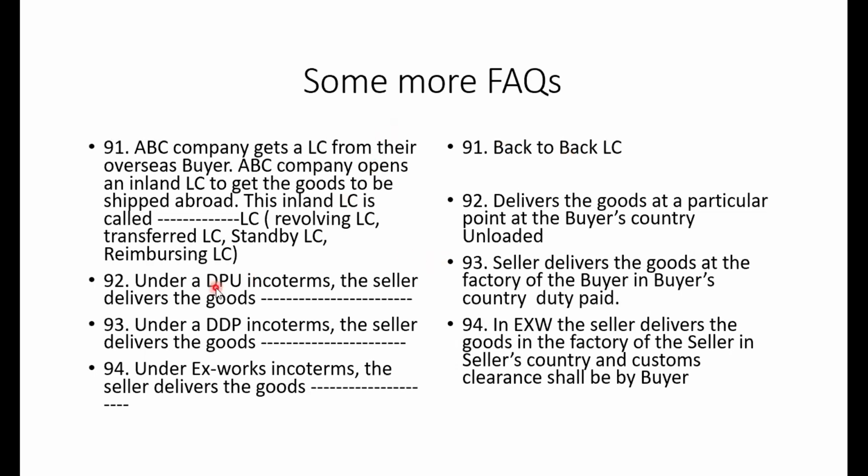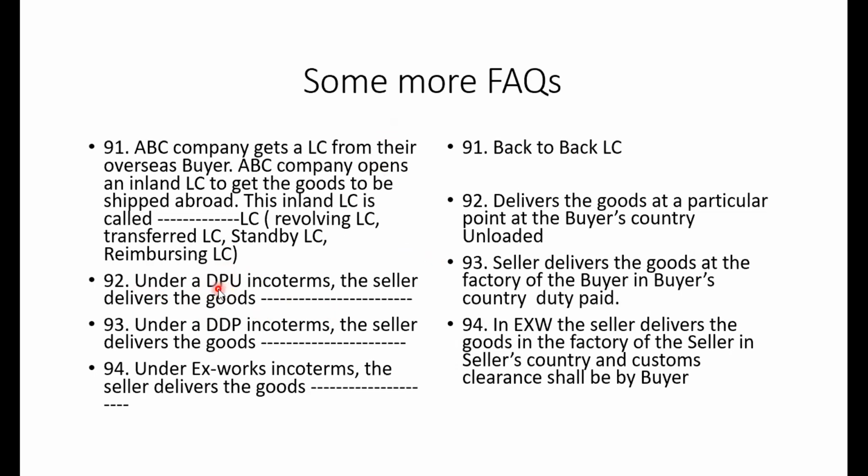And again, under DPU Incoterm, one question will be there. I think 11 Incoterms are there: EXW, FAS, FOB. Mostly this we have given you in the study material. Go through the study material once again.